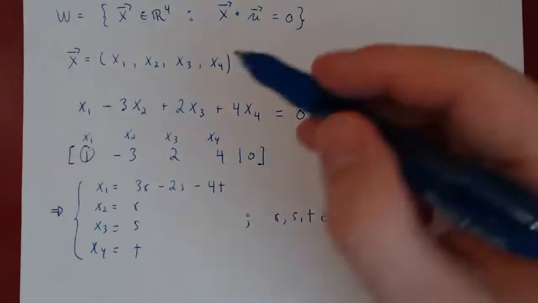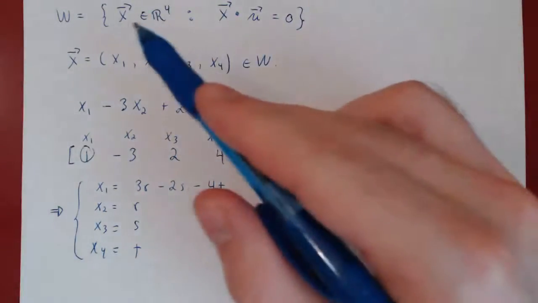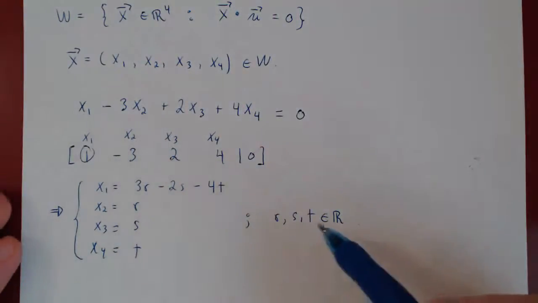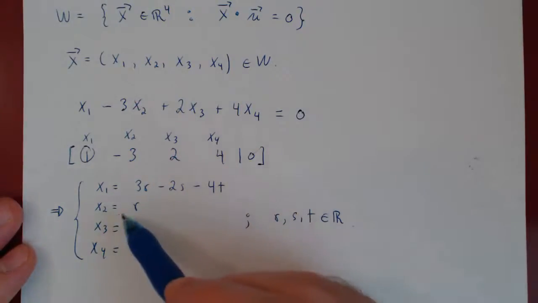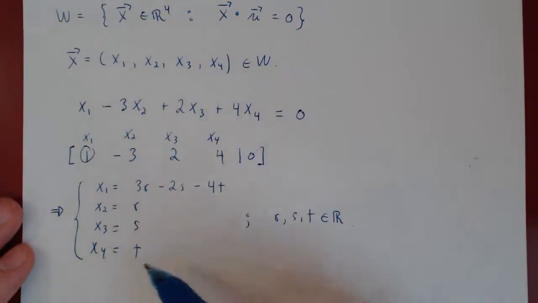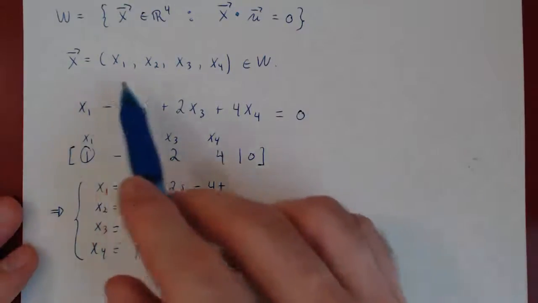So now we have described our vectors in W explicitly. For any choice of r, s, and t, x1 must be equal to this, x2 this, x3 this, and x4 this. So let's look now at our vector.